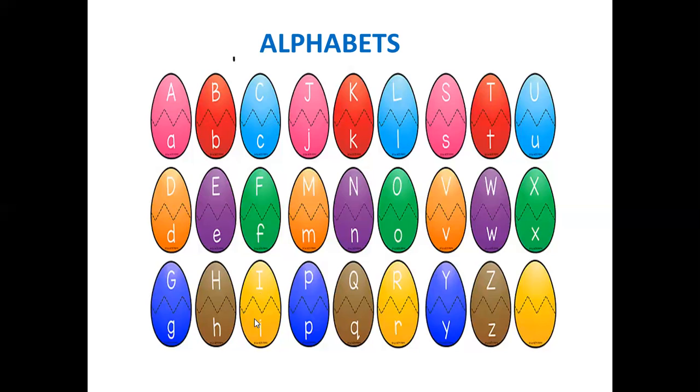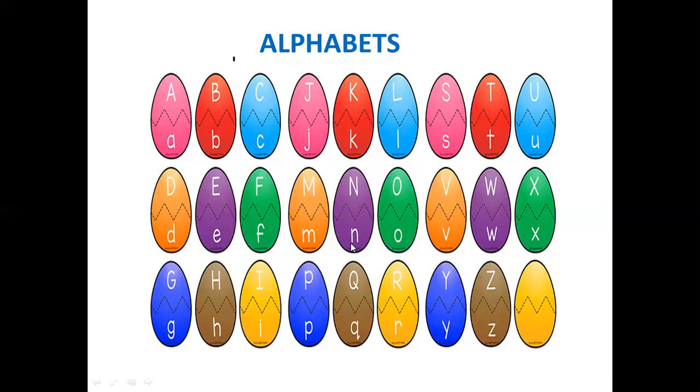I, and this one is small i. J, small j. K, small k. L, small l. M, this one is small m.